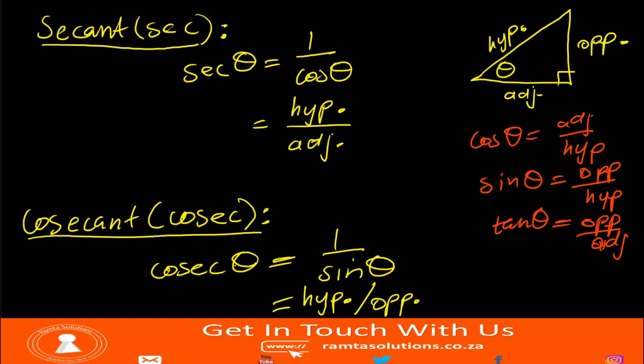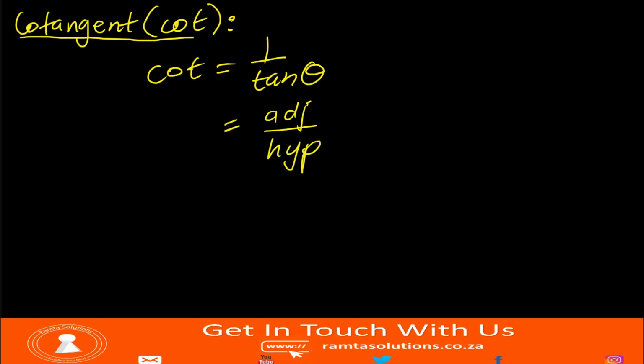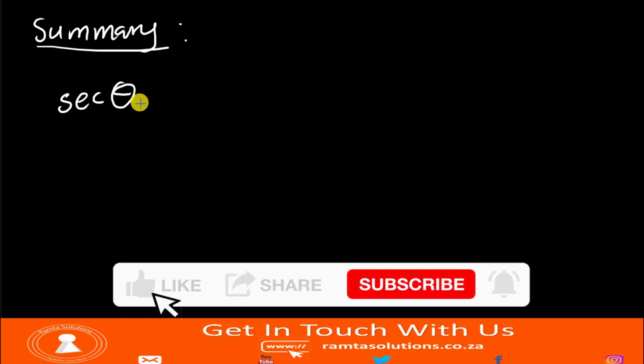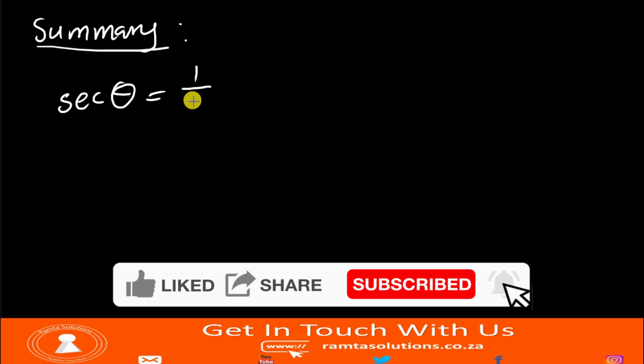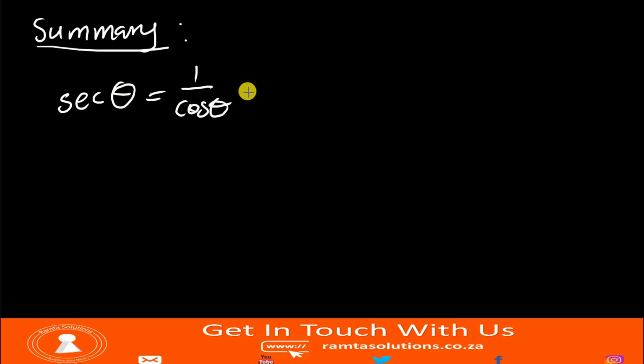Now let's summarize what we have done. Secant theta is equal to 1 over cos theta, which is hypotenuse over adjacent.